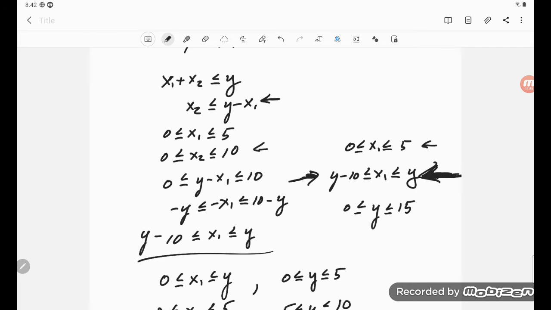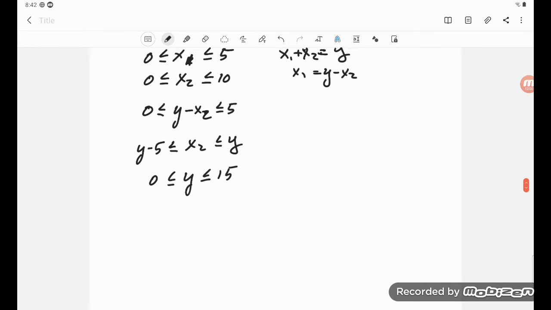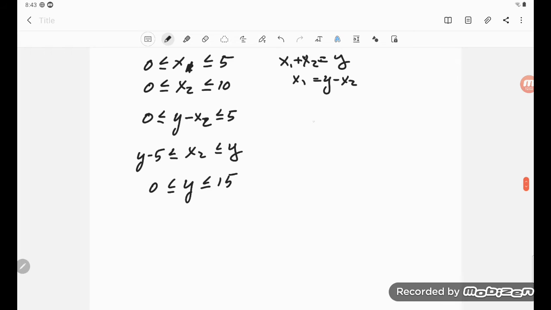So we're working with the items: 0 is less than or equal to x2, less than or equal to 10. Also, y minus 5 is less than or equal to x2, is less than or equal to y. And then 0 less than or equal to y, less than or equal to 15.